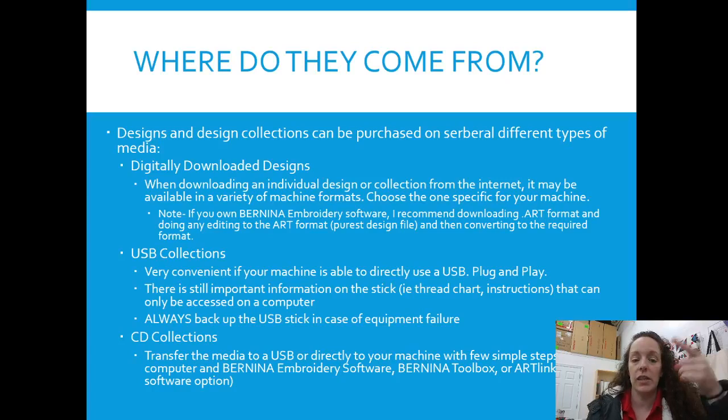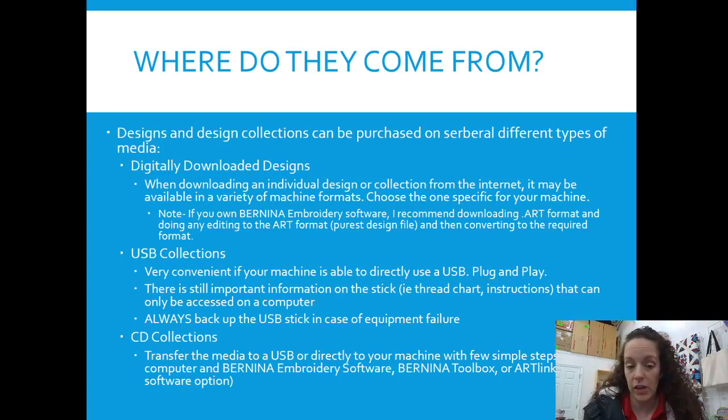And so you can digitally download designs, you can buy designs on USB collections, and you can buy designs on CD collections, okay? And so I just kind of want to cover what is the difference between them. So digitally downloaded designs means that you go to a website on the internet, you find the design that you want, you purchase it, and they usually download it to your account.